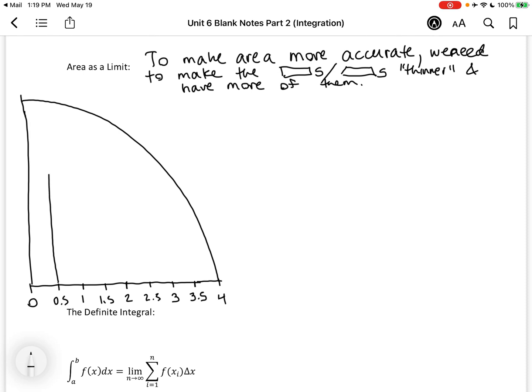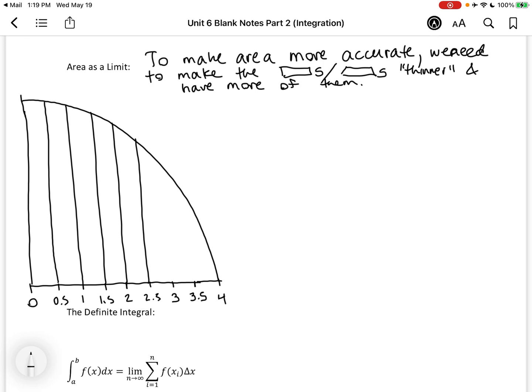There's a little bit of space at the top, but the thinner we make them, the less space at the top is going to be missing. Right? So essentially what we're going to be doing is this. Here are all our little trapezoids. You can see that this is going to look more and more curve-like the thinner I make those trapezoids, right?